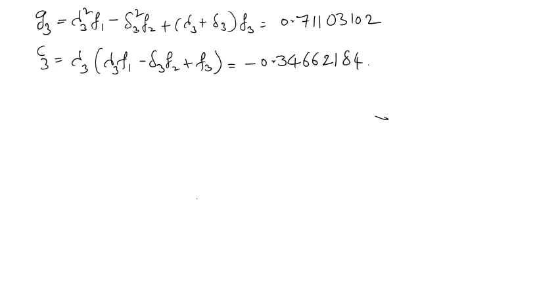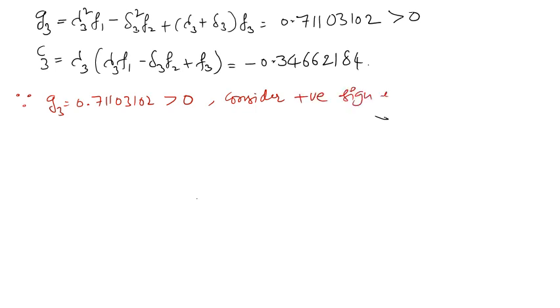Okay, and what is g3 value? Positive. Now you write, since g3 equal to 0.71103102 is positive, consider positive sign in the denominator of Muller's formula.